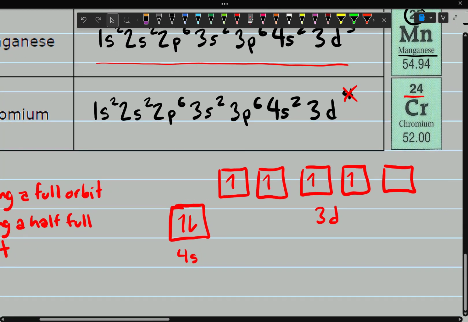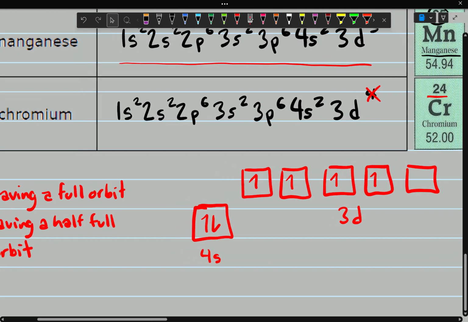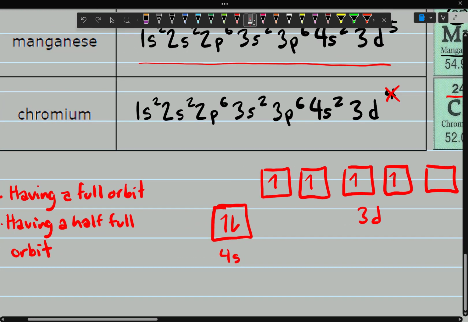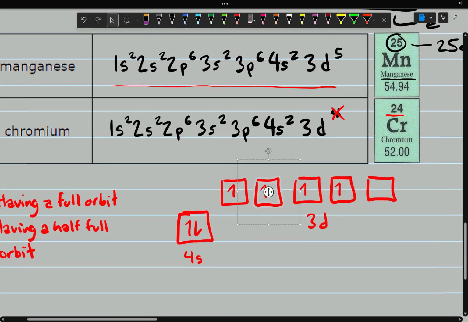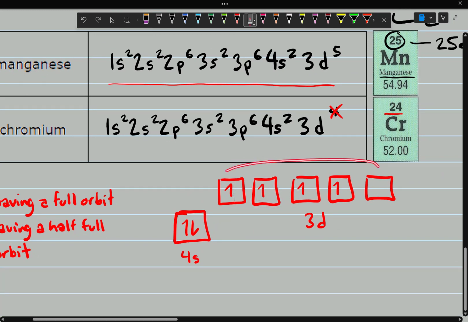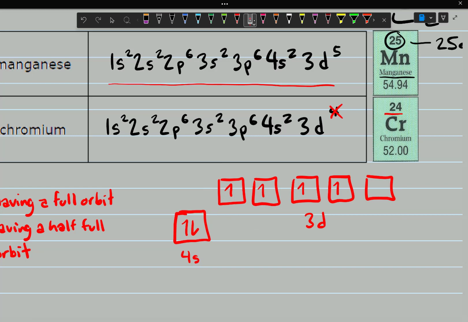inhabit these orbitals. Instead, rather than having one full orbital and this incomplete orbital, the electrons will borrow from the 4s and move it over to complete a half-full 3d orbital. So an electron gets removed from here and goes here.